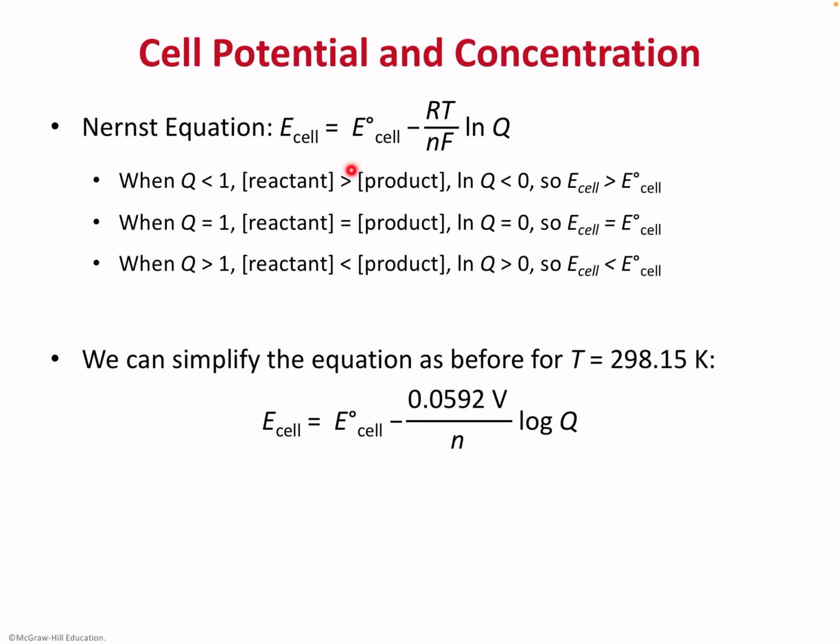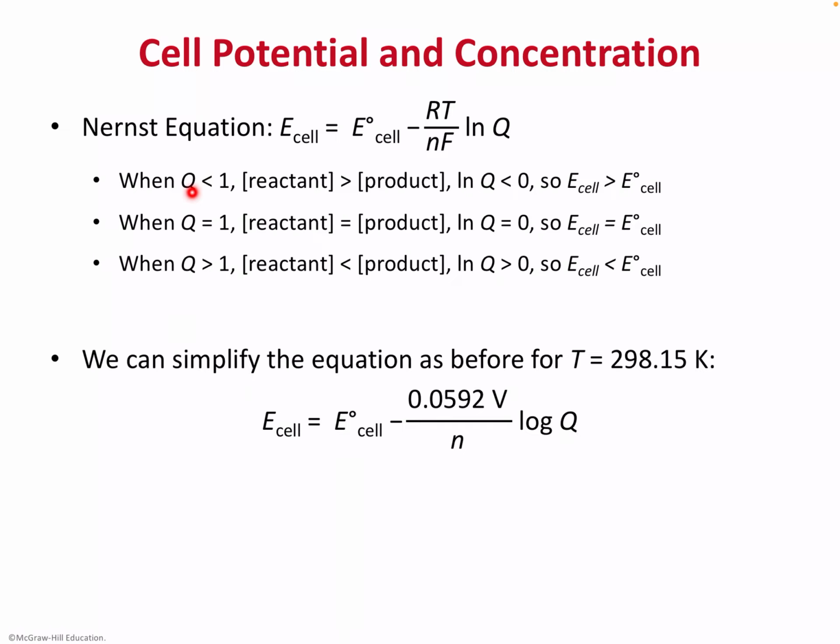So the Nernst equation: E cell equals E naught cell minus RT over nF ln Q. So if you want to find out E cell in any condition other than the standard cell, you can use this equation. Q is the reaction quotient.